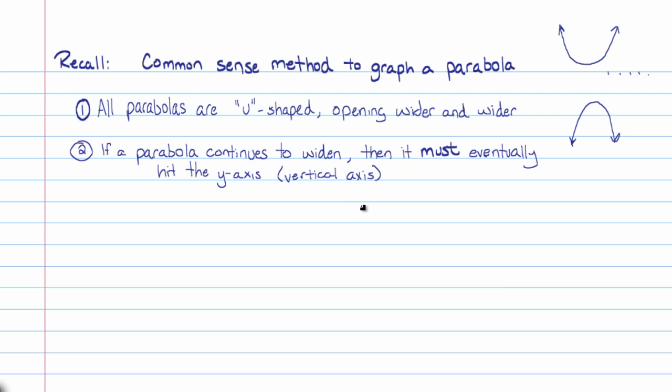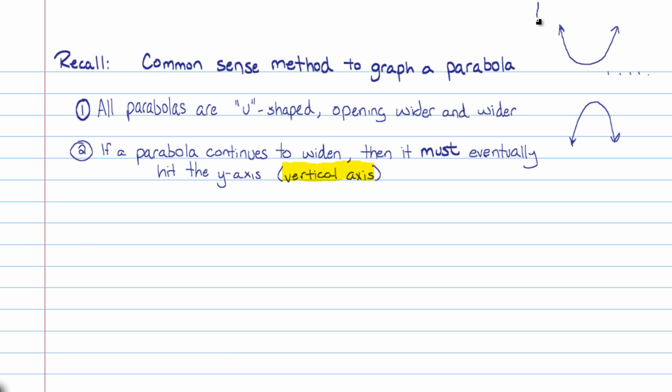The second thing I want to note is that if a parabola continues to widen out, as we just said, it just gets wider and wider, then it must eventually hit the vertical axis, or the y-axis. I put the vertical axis in parentheses here because you're not always going to be using the variable y for your vertical variable. So it must eventually hit the y-axis because it's just widening out.